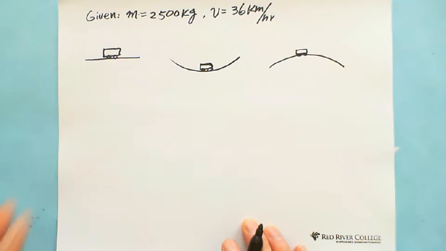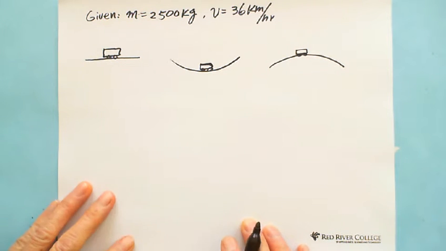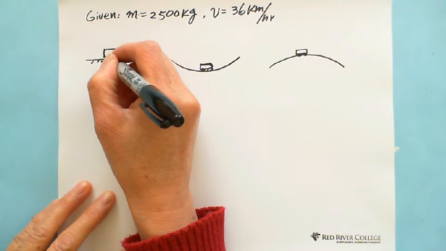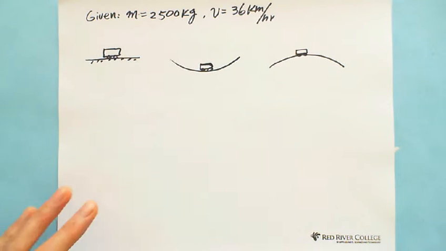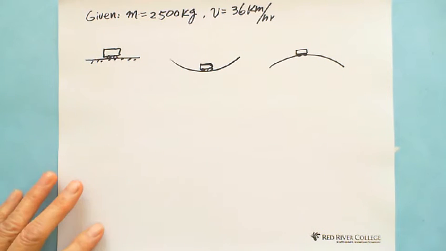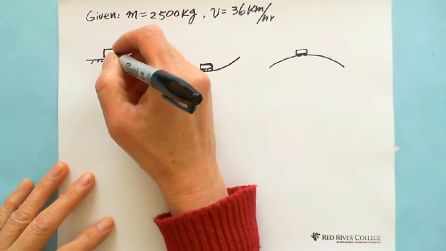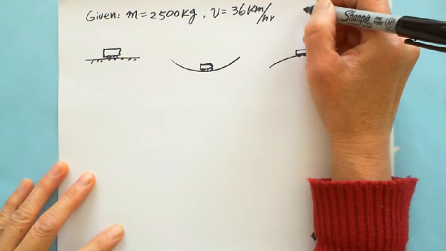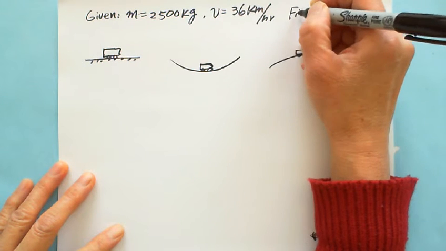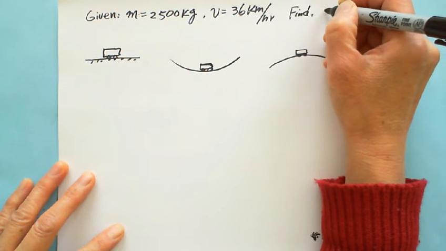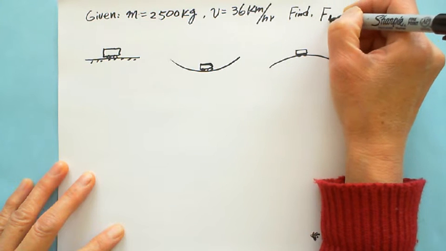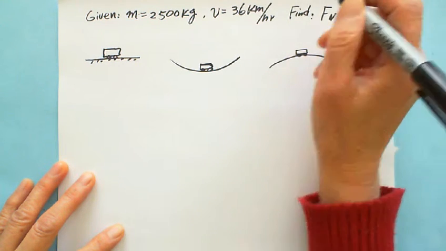So this is a horizontal flat road. What are we looking for? The normal force in 3 different situations.